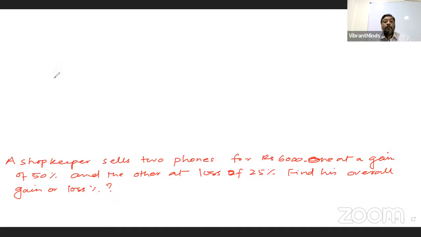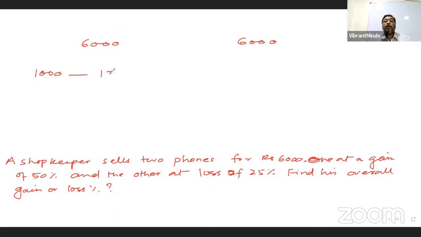Okay. So understand. 6,000 is the price. On one, he is getting a profit of 20%. Suppose 1,000 is the price of the phone, cost price.